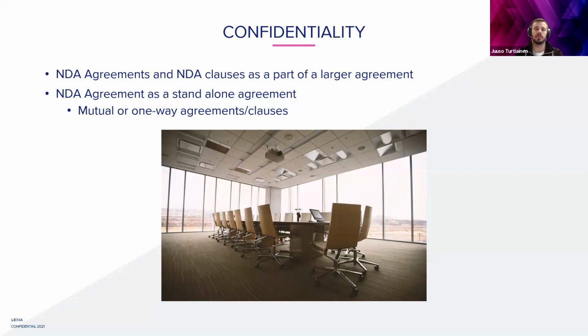So if you are giving your confidential information to another party in the course of analyzing whether to go ahead with a relationship, it is better to take on a one-way NDA, whether agreement or clause, so that you have more control over what is done with the confidential information. But if both parties are sharing information, even if there is a bit of an imbalance, a mutual NDA should be utilized.